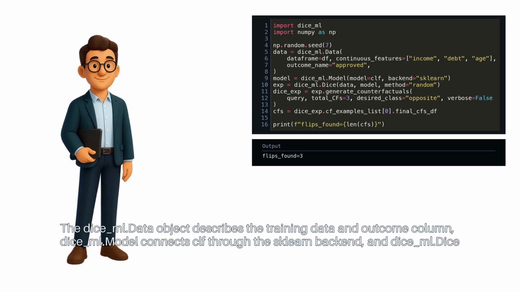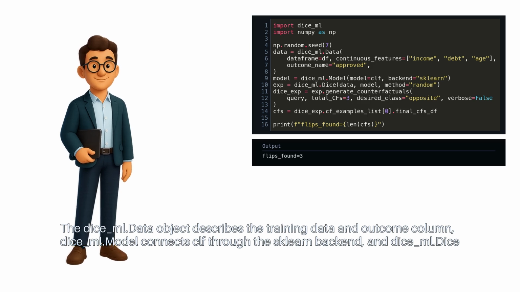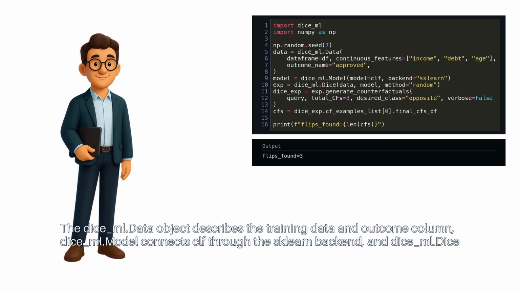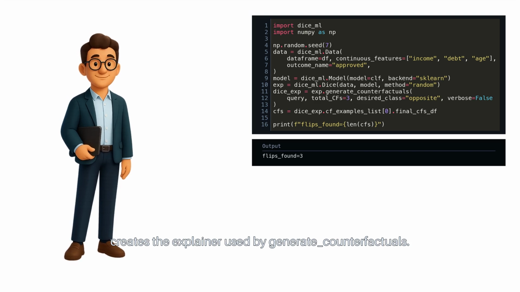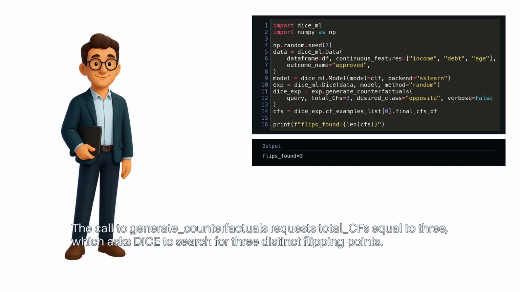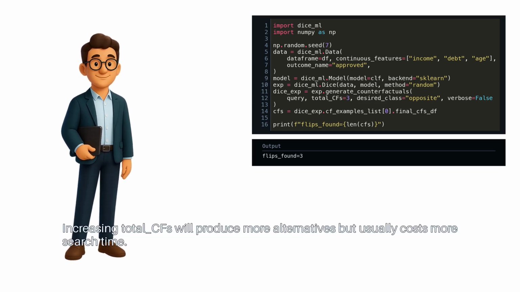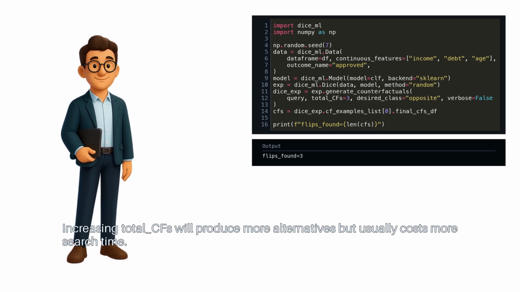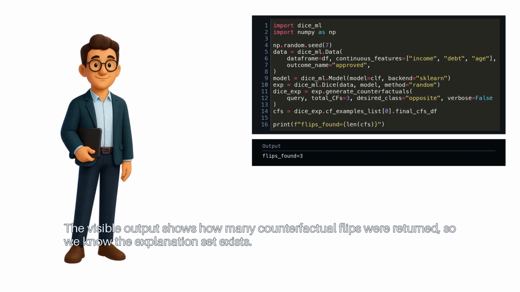The dice_ml.Data object describes the training data and outcome column. dice_ml.Model connects clf through the sklearn backend, and dice_ml.Dice creates the explainer used by generate_counterfactuals. The call to generate_counterfactuals requests total_CFs equal to 3, which asks DiCE to search for 3 distinct flipping points. Increasing total_CFs will produce more alternatives, but usually costs more search time. The visible output shows how many counterfactual flips were returned, so we know the explanation set exists.